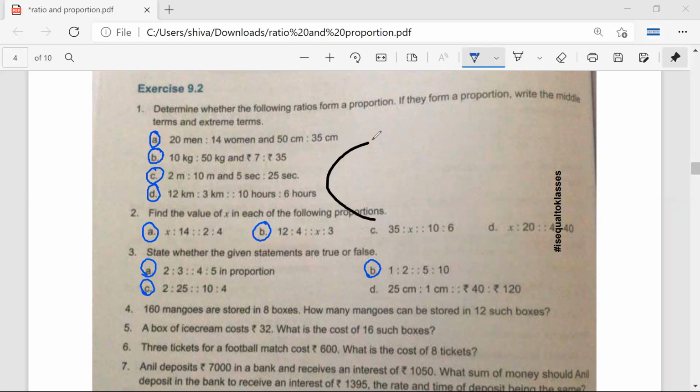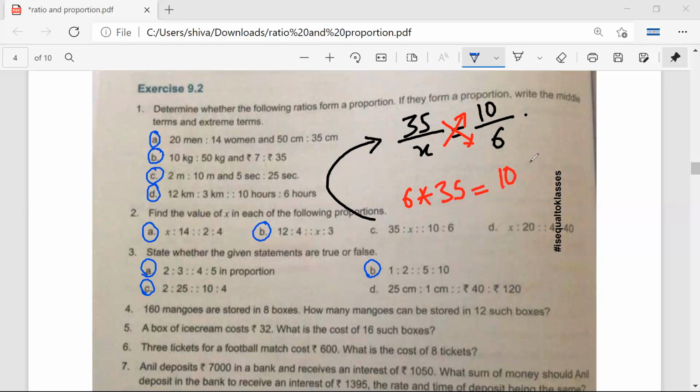How to do C part, Mr. Satya? Yes, sir. Over here also I have to take 35 upon x first, right? Yeah, every time. Then 10 upon 6. Then 6 into 35 equals 10 into x. Then 10 into x is equal to 6 into 35.